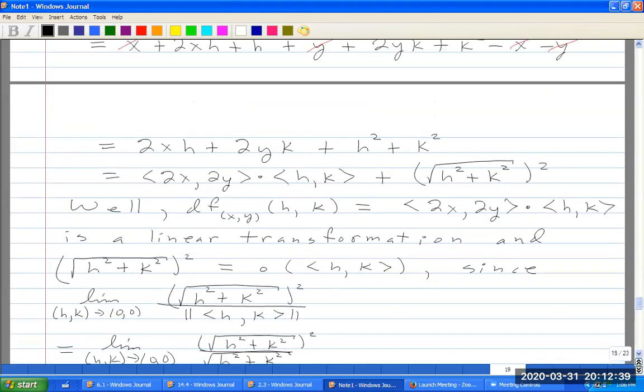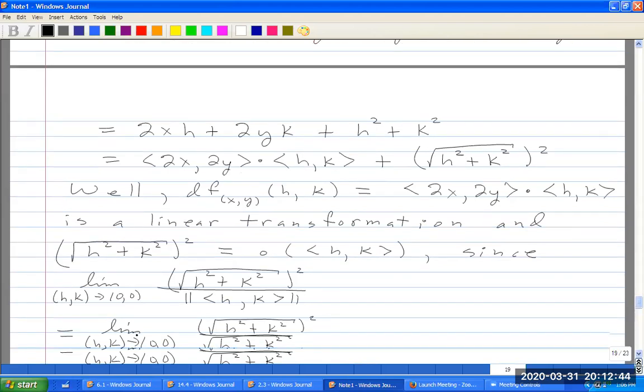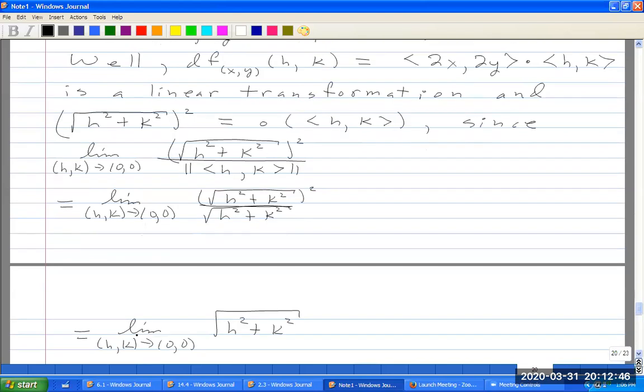And therefore it's a little o. And so I have something plus little o, and this something is a linear transformation.